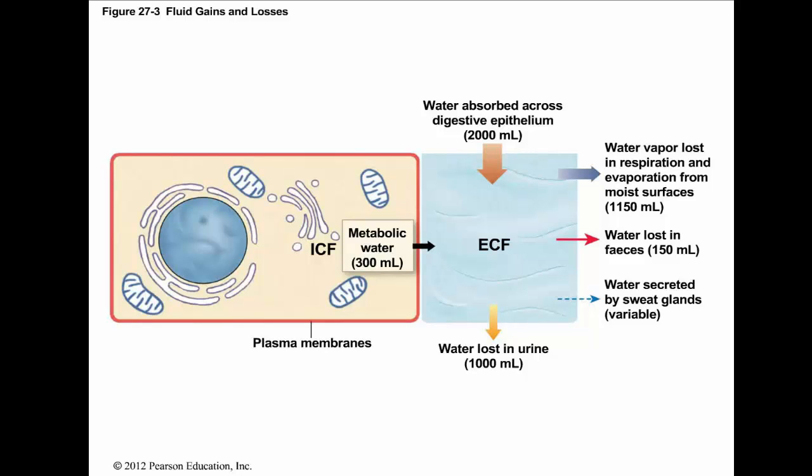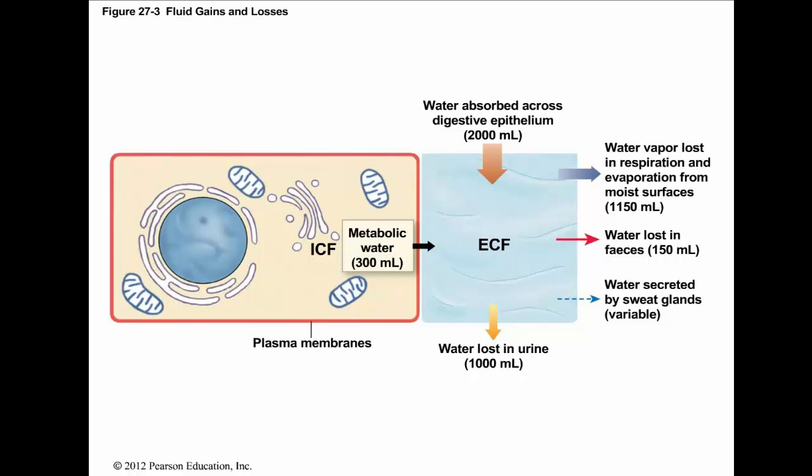So 300 mils of water moves through the plasma membrane out of the intracellular fluid into the extracellular fluid. We also get about 2,000 mils of water absorbed from the digestive epithelium. And we lose about 1,000 mils of water in urine.